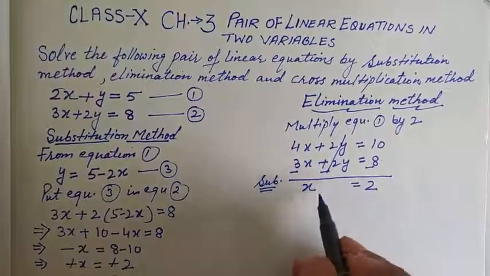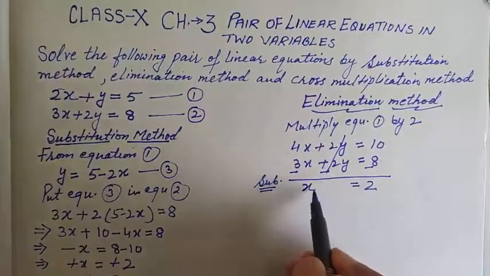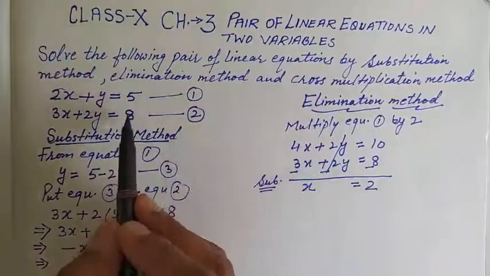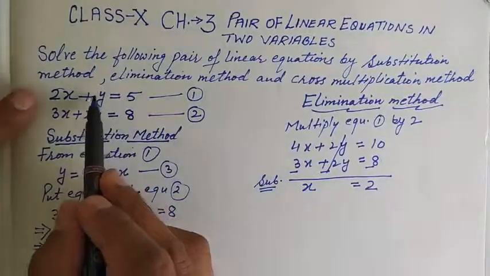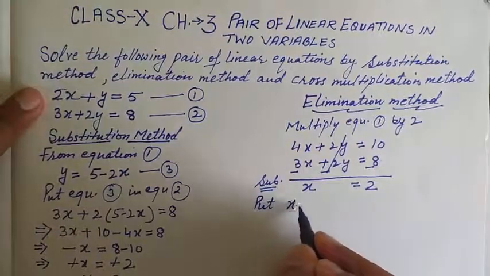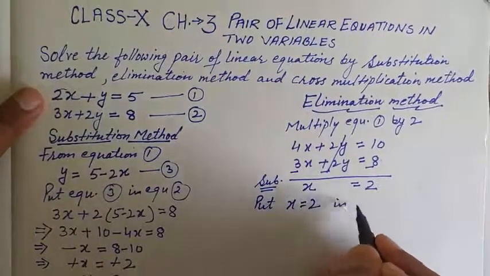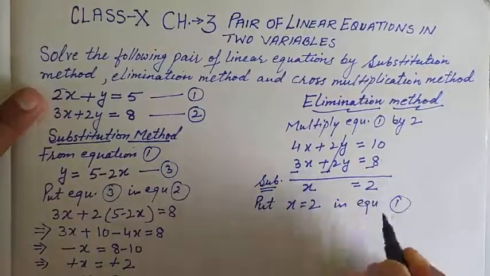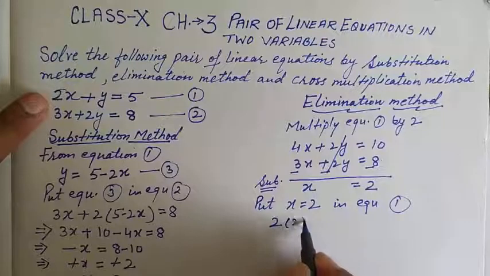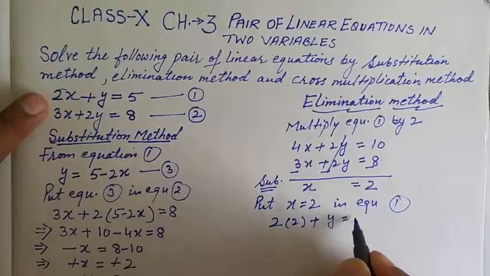So here also, now we will fill the value of x as 2 in any of these equations. So I can fill in the first equation. So we'll write, put x is equal to 2 in equation 1. So 2 into x, that is 2 into 2, plus y is equal to 5.